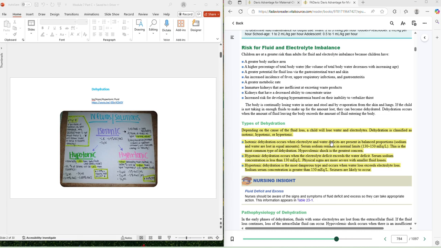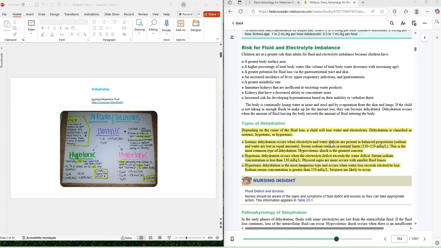Okay, then we have hypotonic, and that's when the electrolyte deficit exceeds the water deficit. So that means the tissue starts swelling. Okay, hypertonic is the most dangerous type, and that's when the water loss exceeds electrolyte.